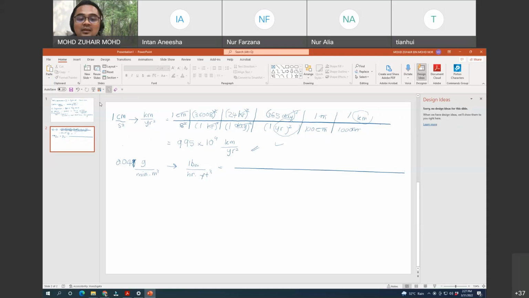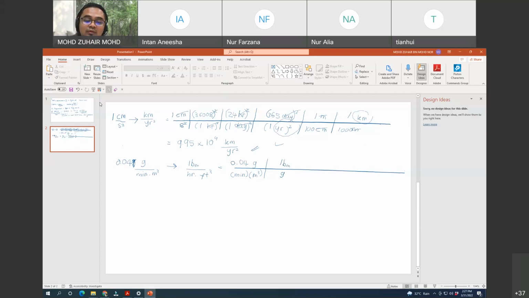Okay, thanks. So we are going to start with 0.04 gram, and we have minute and also meter cube. We are going to change one unit by another, starting with gram first. 1 gram, we are going to change to pound.